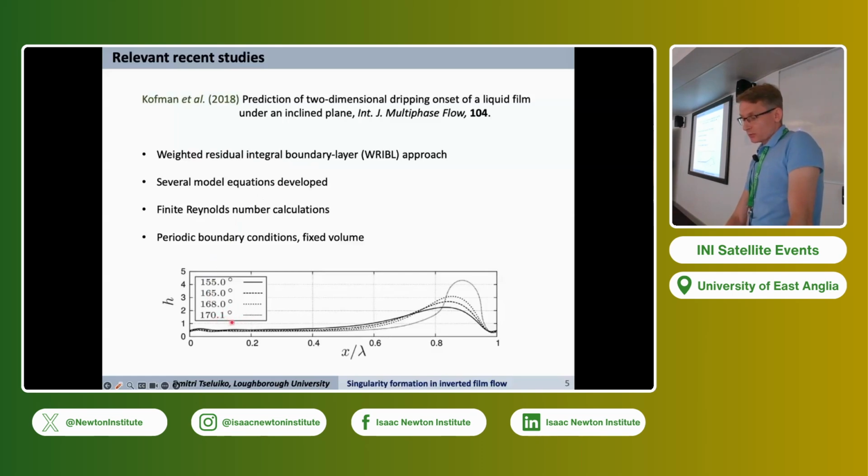So for one of their models, it can be observed that as the inclination angle is increased, so gravity here points upwards, and the plate tends to become more horizontal, the amplitude of the waves grows and the waves adopt the shape of localized droplets.